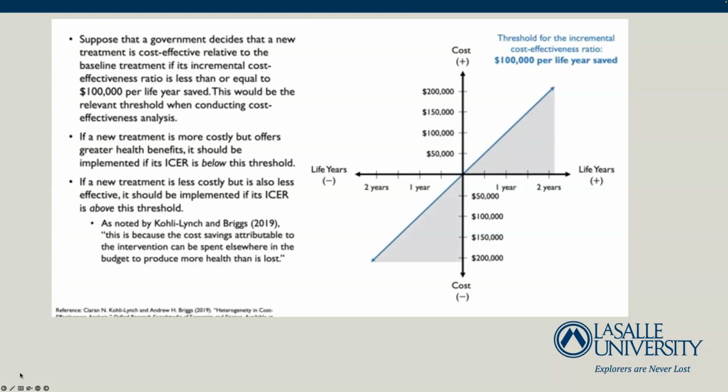Anything above that threshold for a treatment that is less costly but also less effective would be a cost-effective treatment to implement, because the budgetary resources saved from that treatment could be redeployed elsewhere to increase quality adjusted life years.